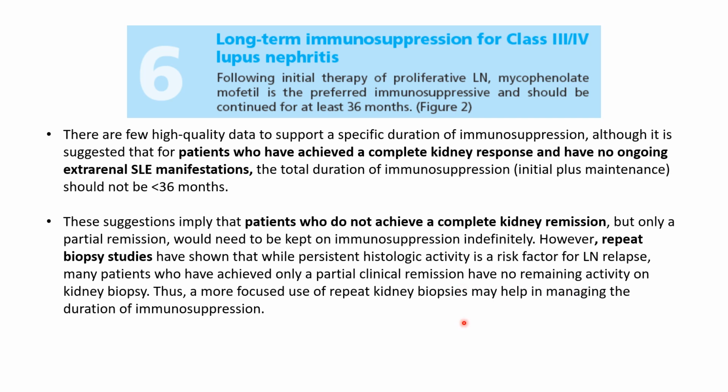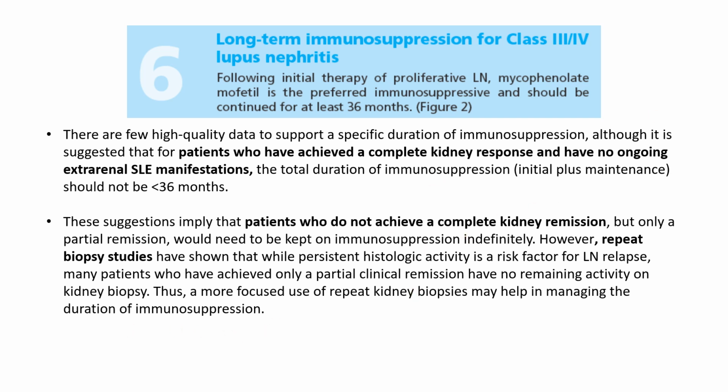So you may be in need to redo the biopsy before considering this patient is cured at the pathological level, or what is present is incomplete remission of the case. A more focused use of repeat kidney biopsies may help in managing the duration of immunosuppression in this case.